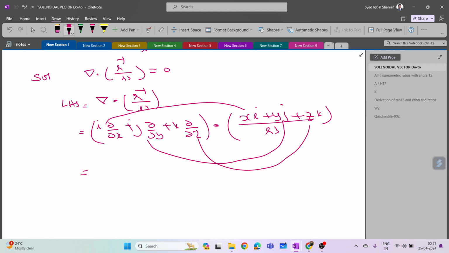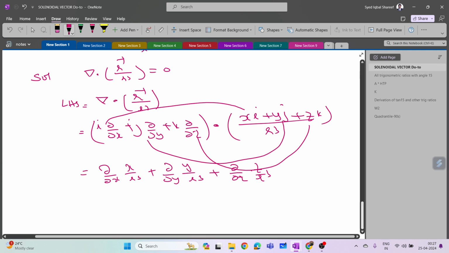So i dot i is 1: ∂/∂x of x/r³, ∂/∂y of y/r³, ∂/∂z of z/r³.